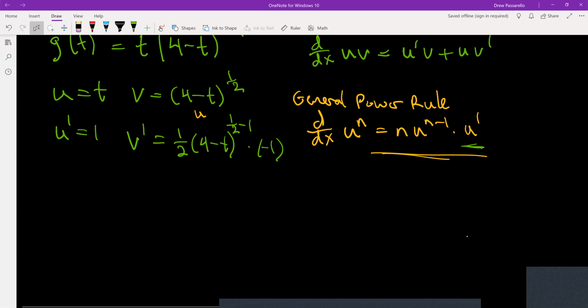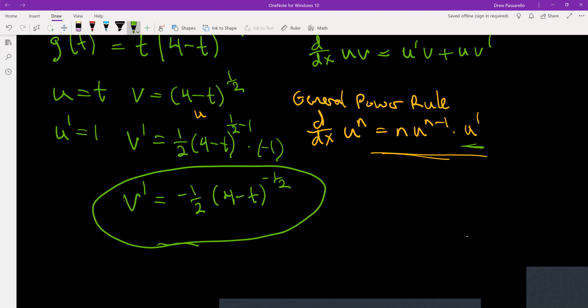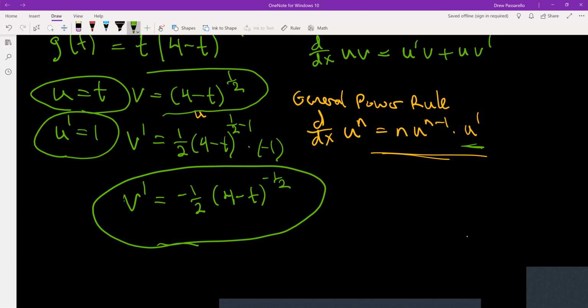Okay, so I could write this as negative 1/2, and then I'll just leave the exponent negative for now. So 4 minus t to the negative 1/2. All right, that's v prime. This is u prime, u, and then v.